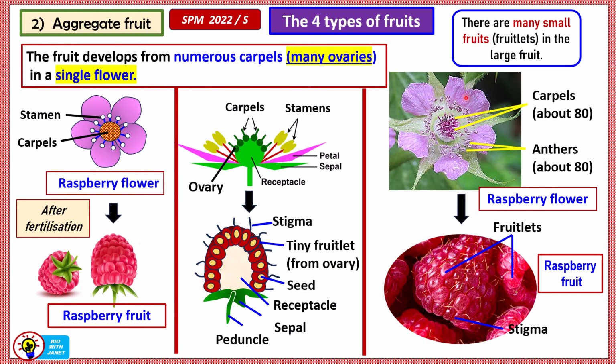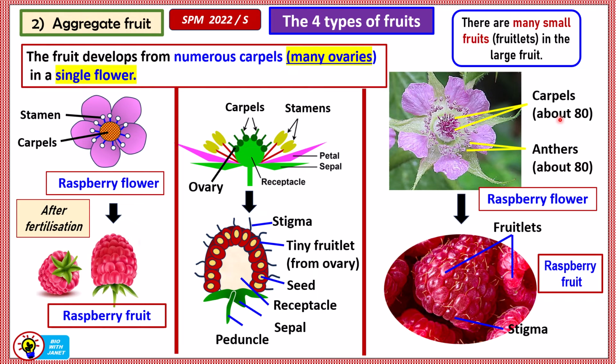And you can see that now surrounding the center part here, these are all the stamens with the anthers, okay, that produce the pollen grains. And then in the center here, this center here is the receptacle with the carpels. Now see, this center part is the same as this center part here, or this center part here, right? So many carpels, the red structures here, long elongated structures. These are the carpels with the stigma, and then below that are the many ovaries.